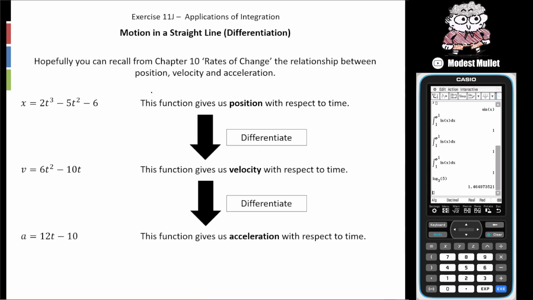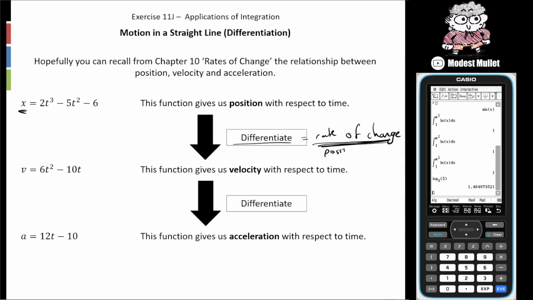So if we start with a function that gives us our position, and we always refer to position as x, if we differentiate that, we're going to get some function that tells us the rate of change, and I'm going to keep saying this word over and over, rate of change of position.